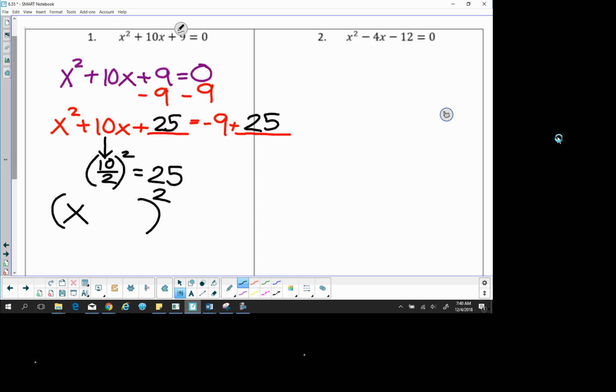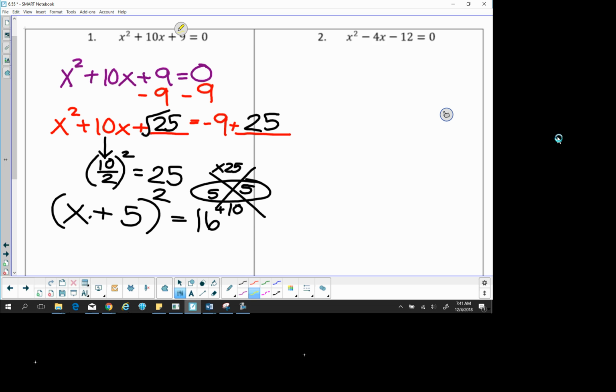Well, remember, what number multiplies with 25 and adds to 10? 5 and 5, right? Hint, hint, you could always just take the square root of that. So since that's a plus, this will be a plus. And then what's -9 plus 25? 16.